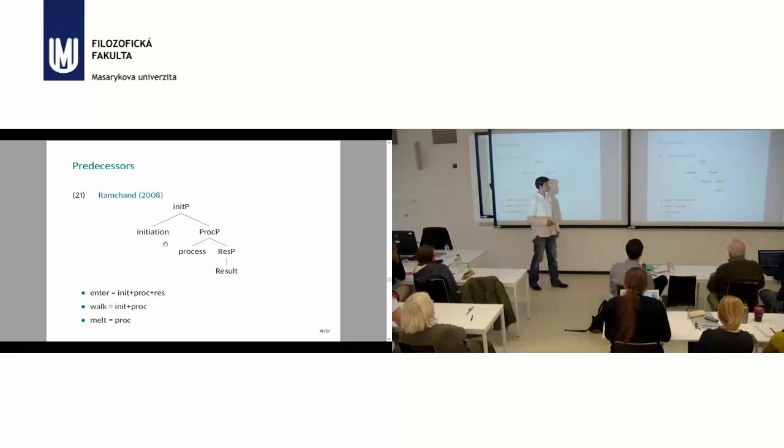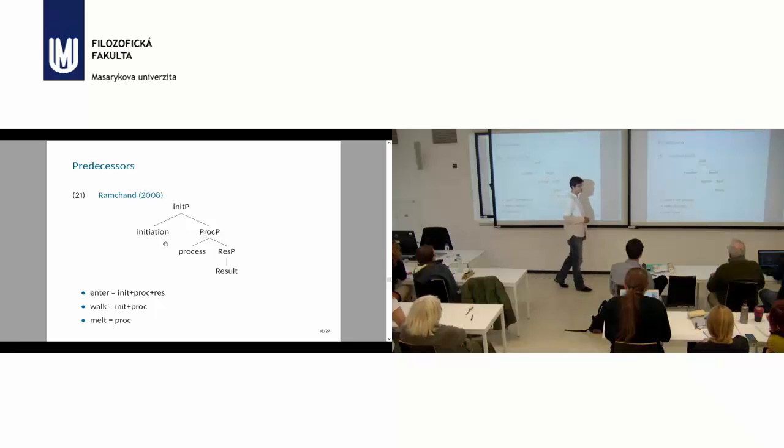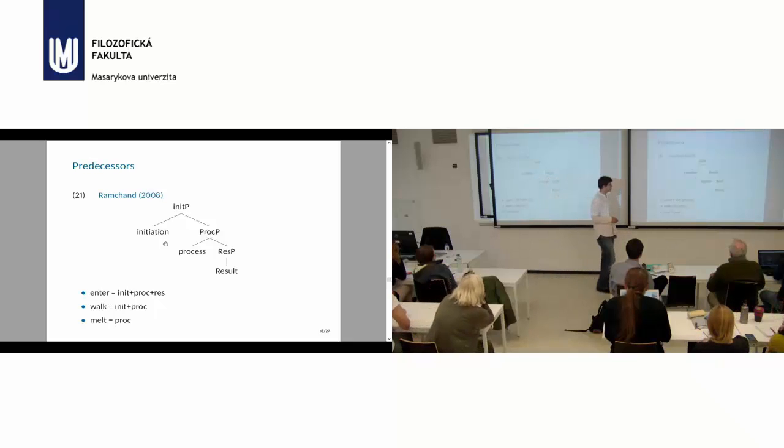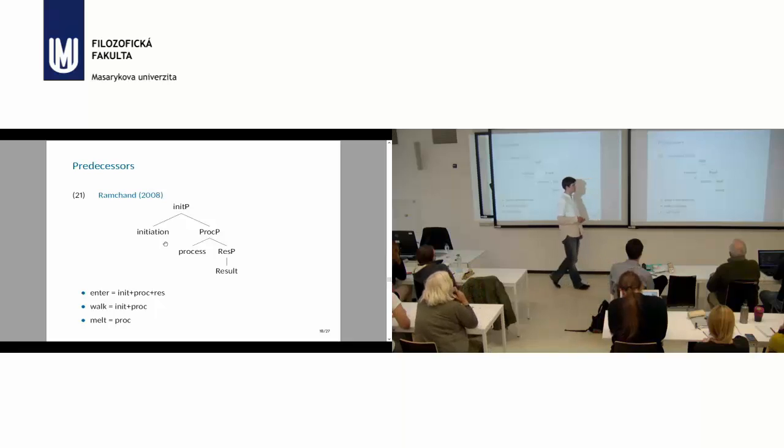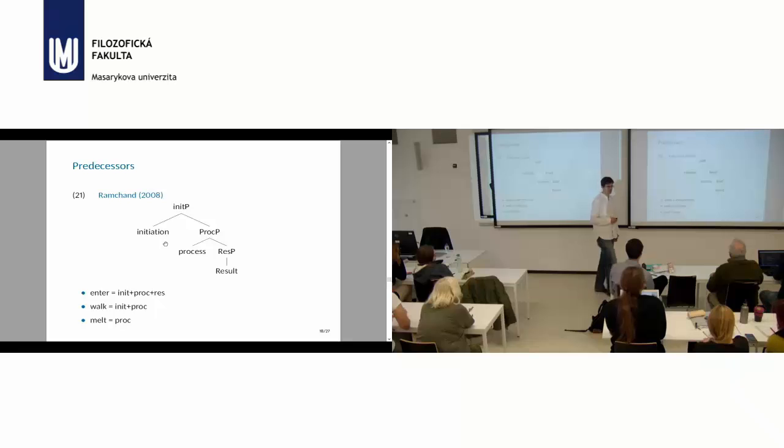So for her, when John enters the room, the verb enter necessarily denotes all the three components. Okay? So John, first of all, has to do something. He's conscious about his action. There's a process that sort of leads him from outside of the room to inside the room. And as a result of that process, he is in the room.